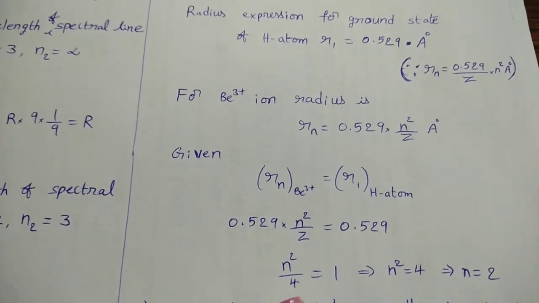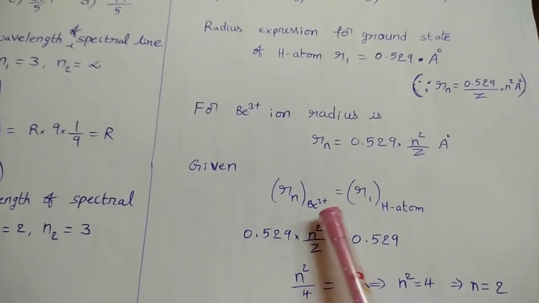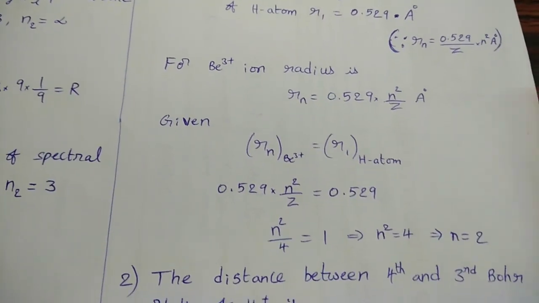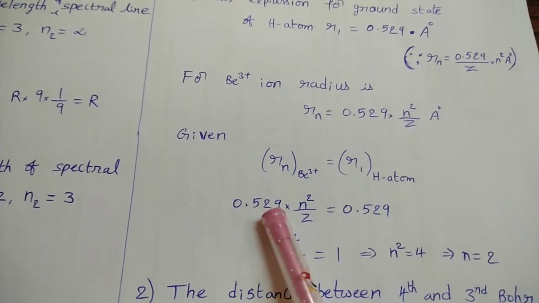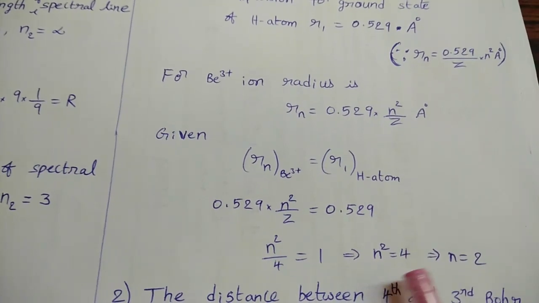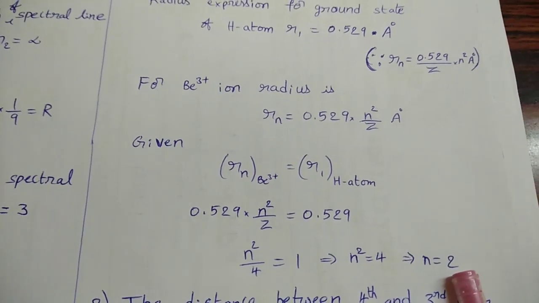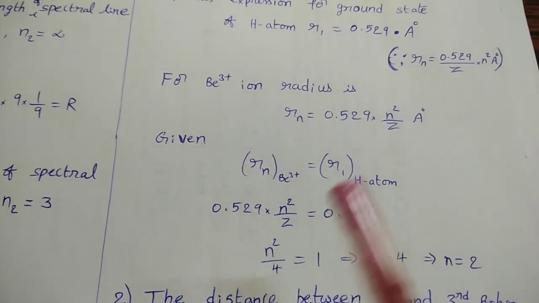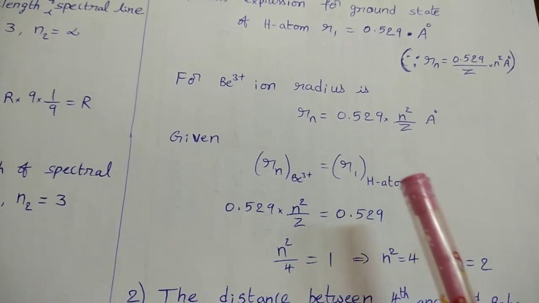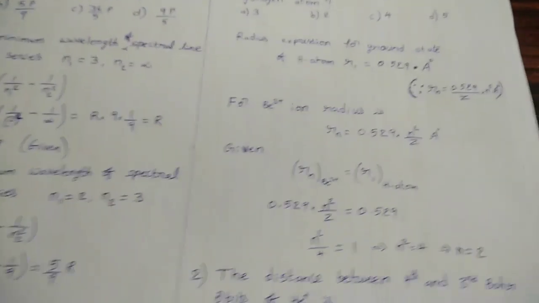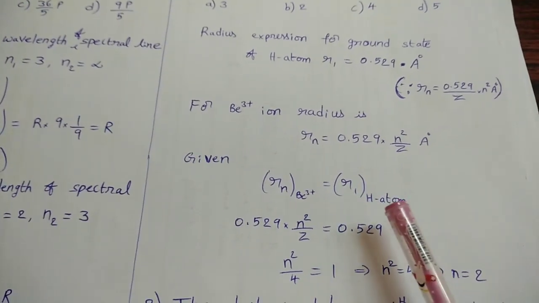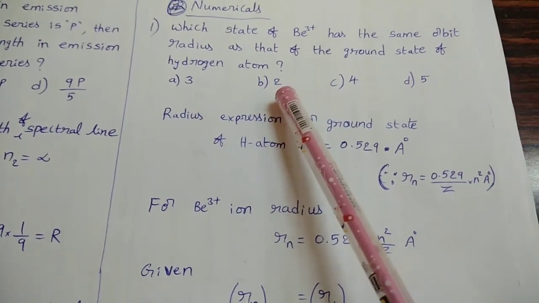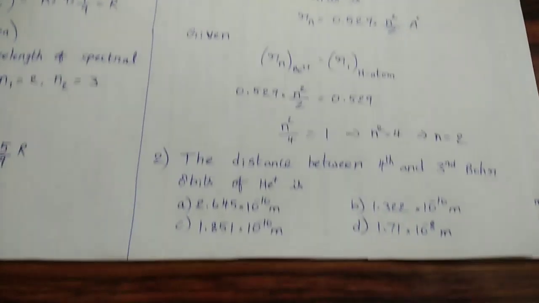For the beryllium ion, the atomic number is 4, so the Z value is 4. Substitute, these two get cancelled, then we get n equal to 2. That means in the Be3+ ion, the second orbit radius is equal to the radius of the first orbit in hydrogen atom. So option B is the answer for this.